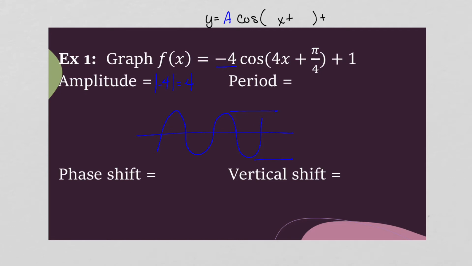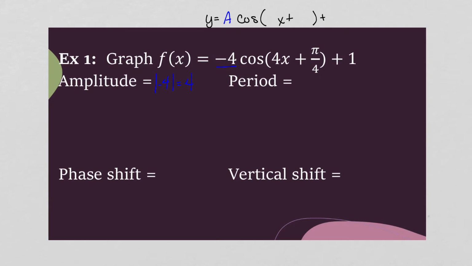If it shifts vertically, it moves up, and in this case, up 1, so it would go up to 5 and down to -3. When I say midline, I mean where it switches between concave down and concave up. Okay, just want to point that out.